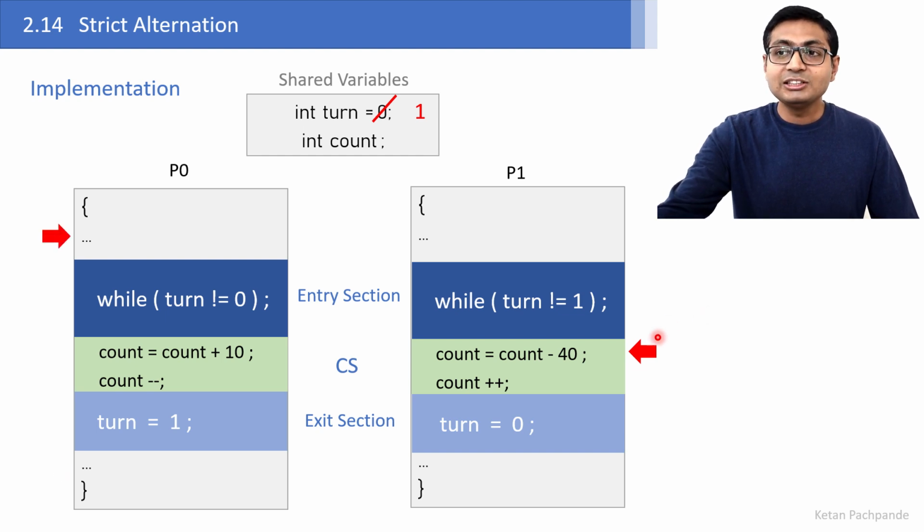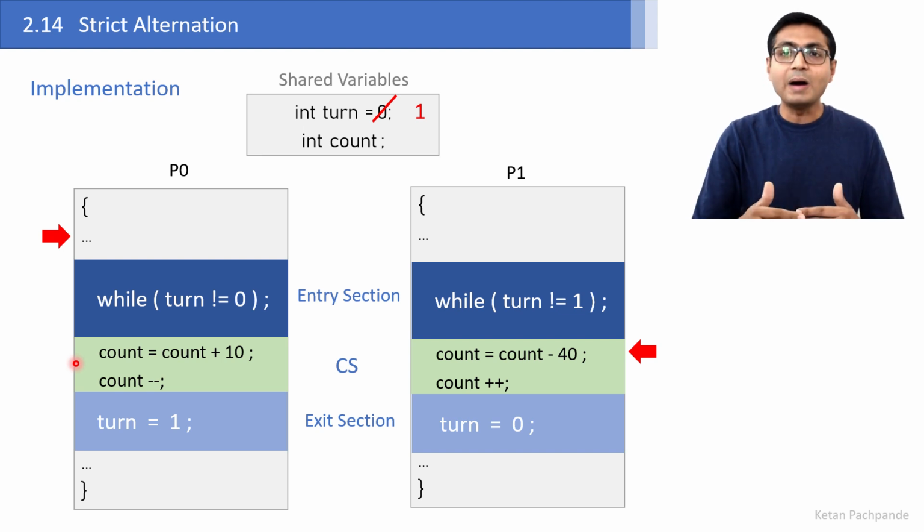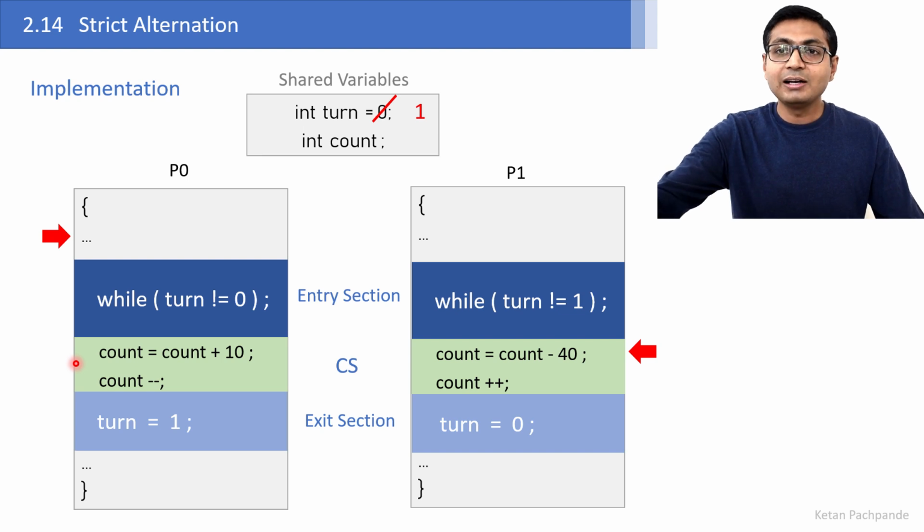Let us say when process P1 is in critical section, process P0 wants to again enter into critical section. Let's say there is some outer loop via which it wants to enter into critical section again and again. So it has to again pass the entry section. So let me again start the execution of P0 from here.